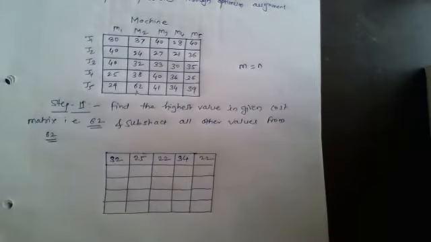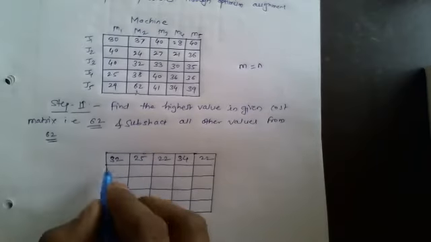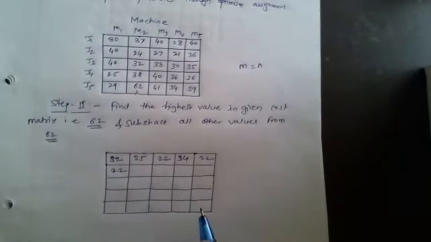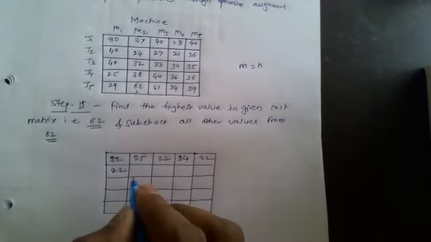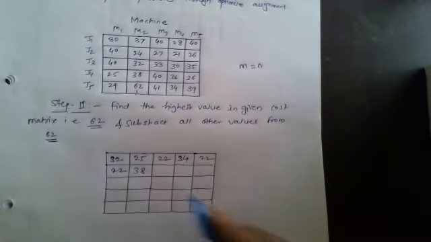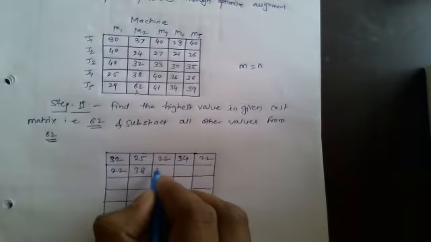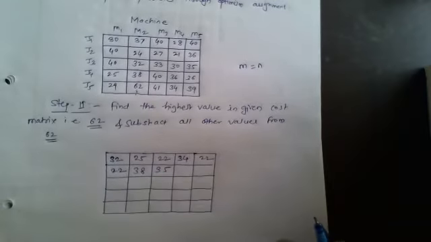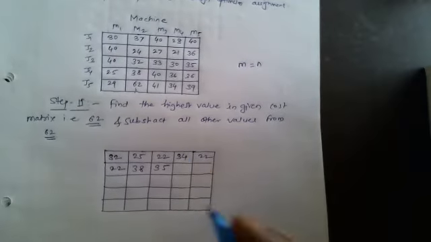Okay, again we'll go for the second row. 62 minus 40, again it will give 22. 62 minus 24, it is 38. Next 62 minus 27, I think 35. Next 62 minus 21, 41.